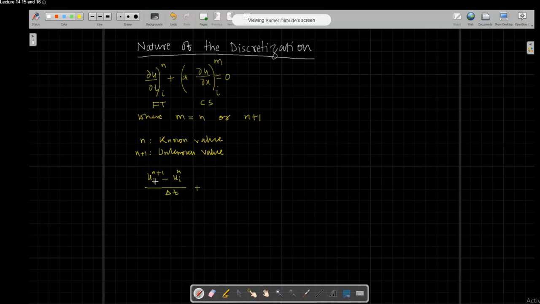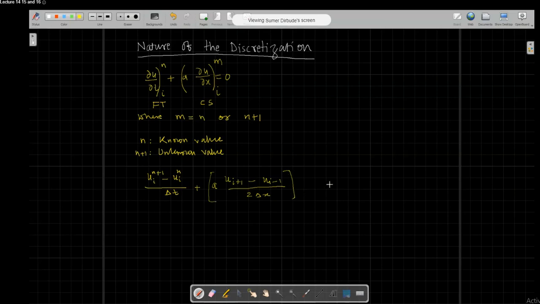So we have evaluated this at I and N, which is a forward difference at N. And here we wish to do this: U I plus 1 minus U I minus 1 divided by twice delta x at any m.